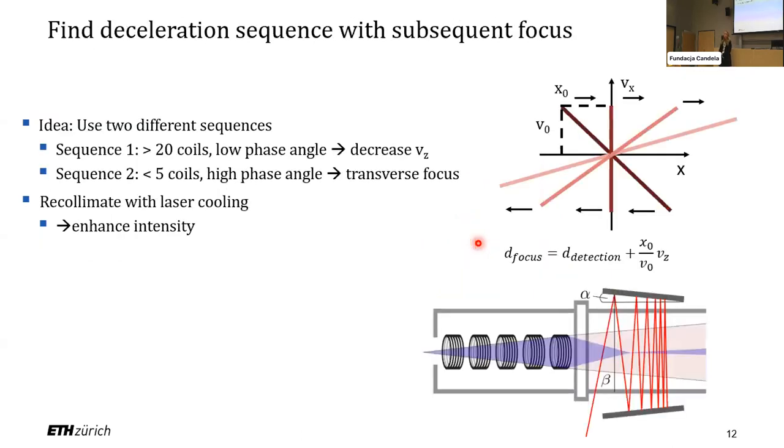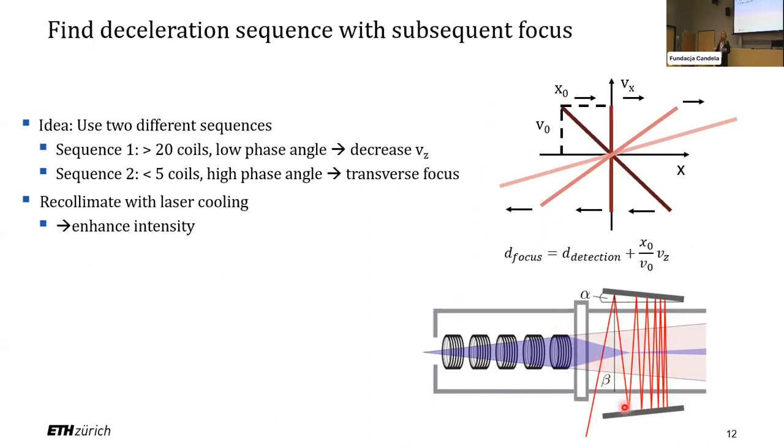Okay, so now one more idea with using the decelerator is not only to decelerate the atoms, but maybe we can increase the intensity of our whole setup by using a focus when using the Zeeman decelerator. So the idea is that the Zeeman decelerator will not only be used to decelerate, but also to create a transversal focus.